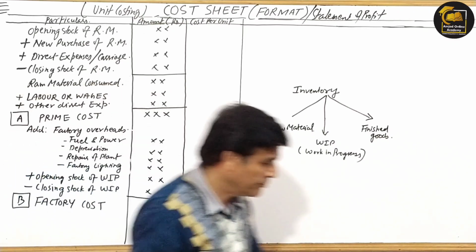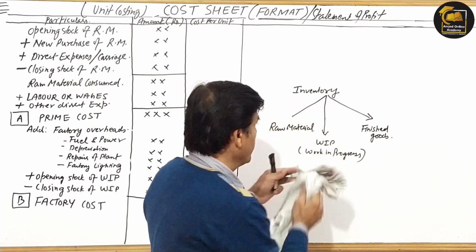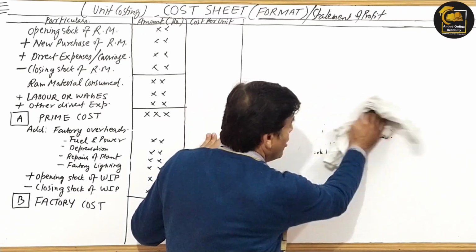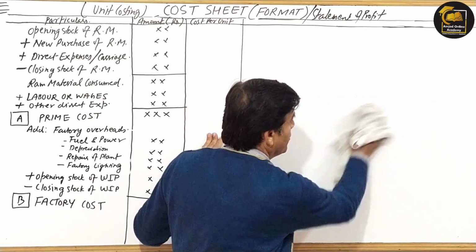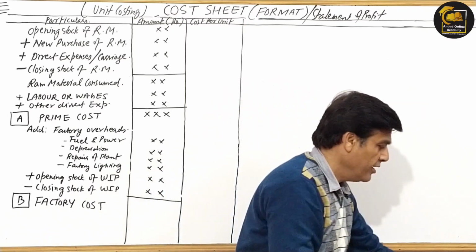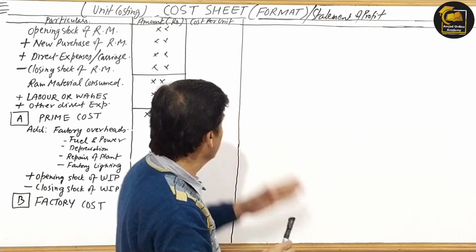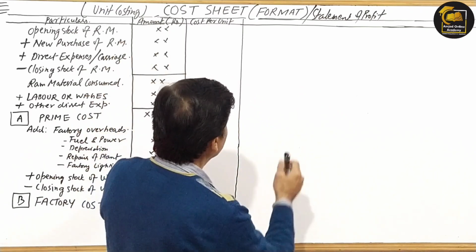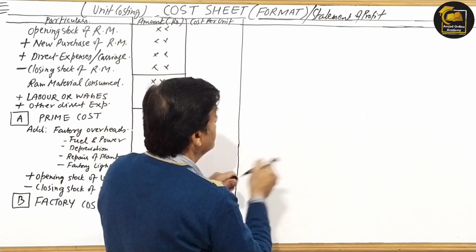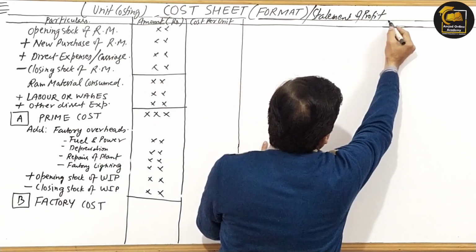Now coming in the continuation, do not think that you have to prepare the format of the cost sheet like this, but it is in the continuation of the same page. So suppose it is the first page of your register and it is in the continuation, because I am just utilizing the board space here like this only.